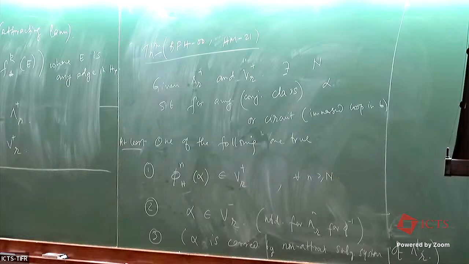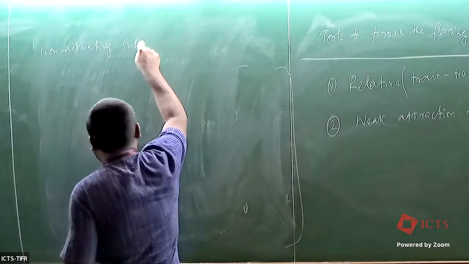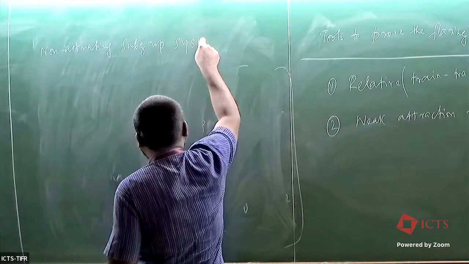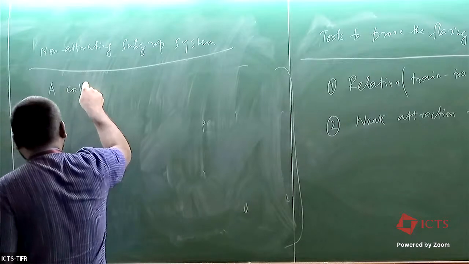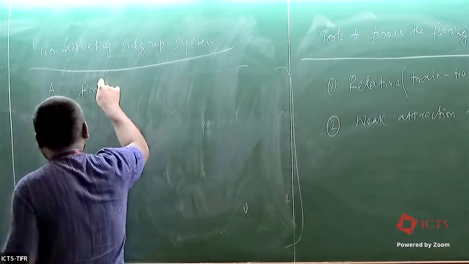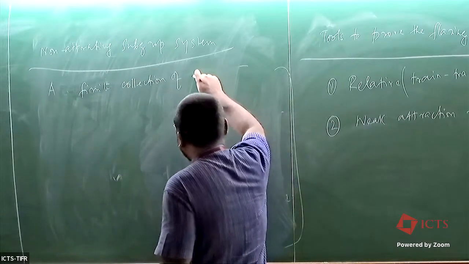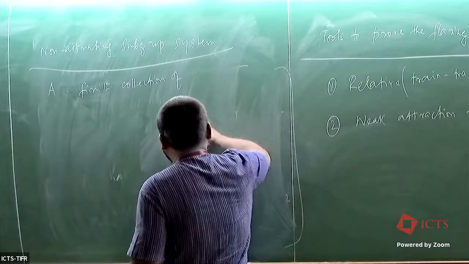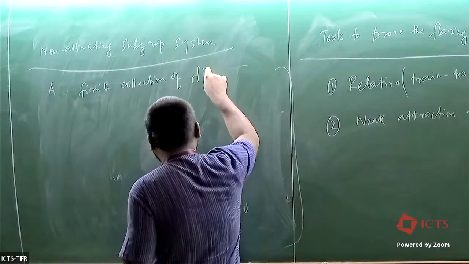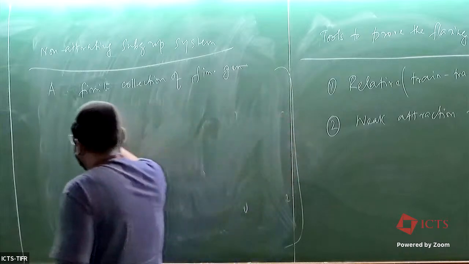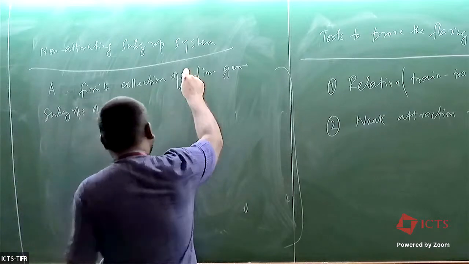So this is a finite collection of finitely generated subgroups of conjugacy classes.